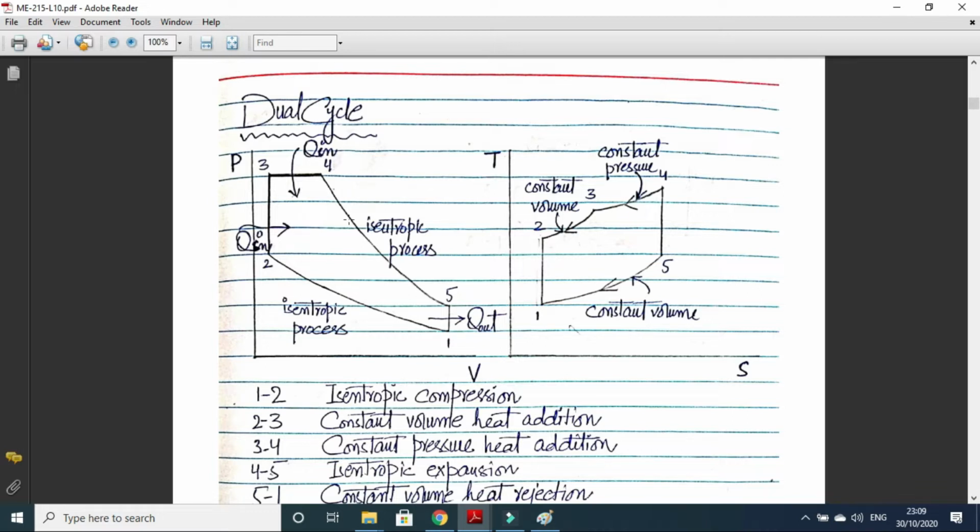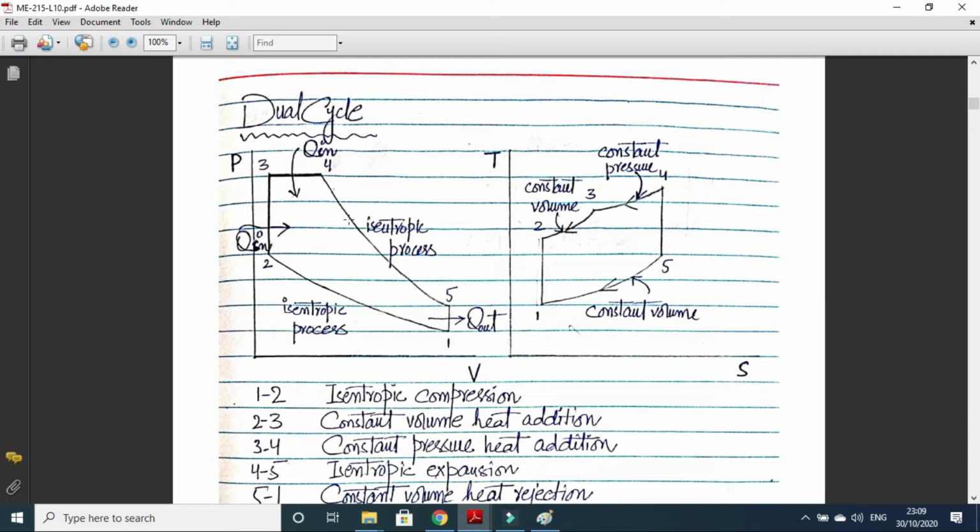So dual cycle is another idealized cycle of an actual engine. So students, please note that Otto cycle and diesel cycle do not exist in reality. Actually, they are the approximation of actual engines.